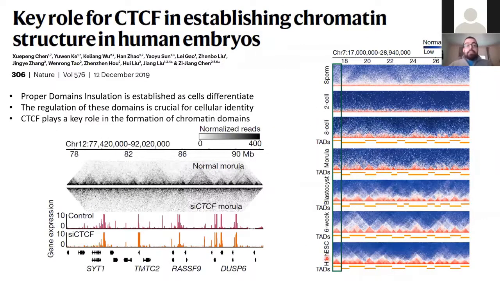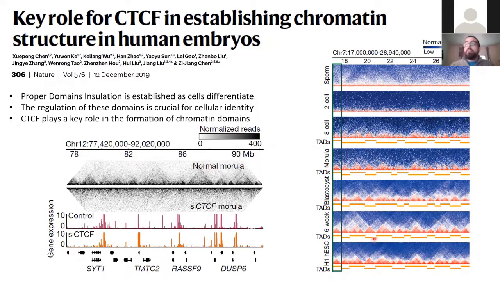And this is really important for the development of humans and animals, because as our cells differentiate and as we develop, these domains become more and more clear and more insulated, allowing cell type specific interaction between enhancer and promoter to be promoted in these specific cell types and blocked in other cell types as their domains will differ.